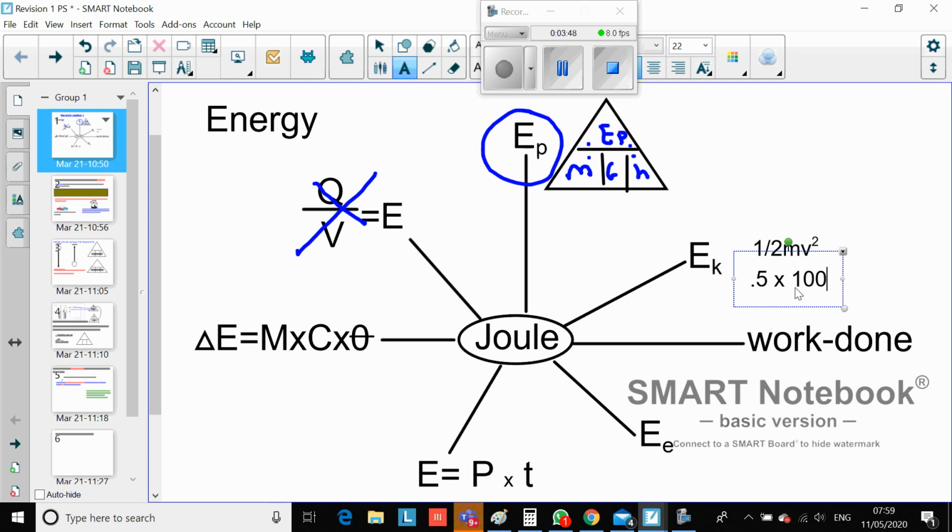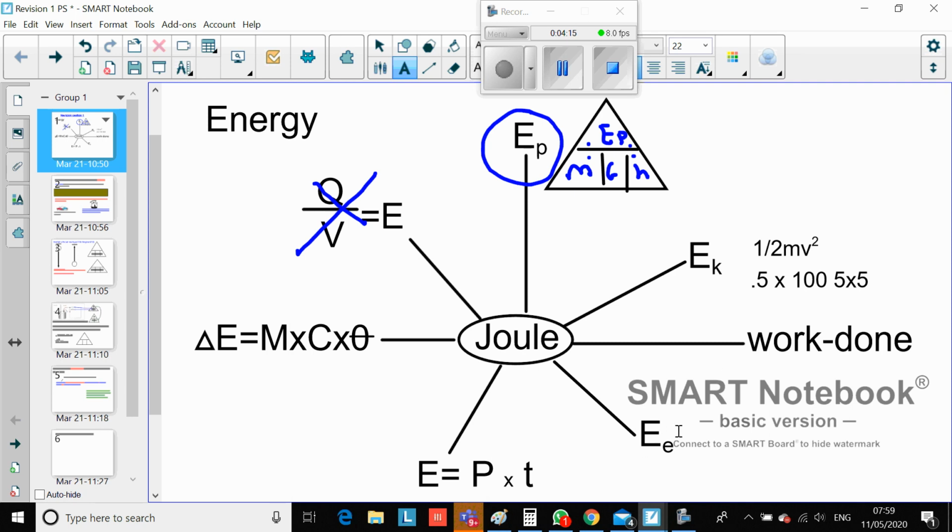Now say it was moving at 5 meters per second, you'd do 5 times 5, okay, which is obviously 25. So it'd be 0.5 half times mass 100 times 5 times 5, because it was moving at 5 meters per second, and that will give you the kinetic energy. That's just an example though. Okay.